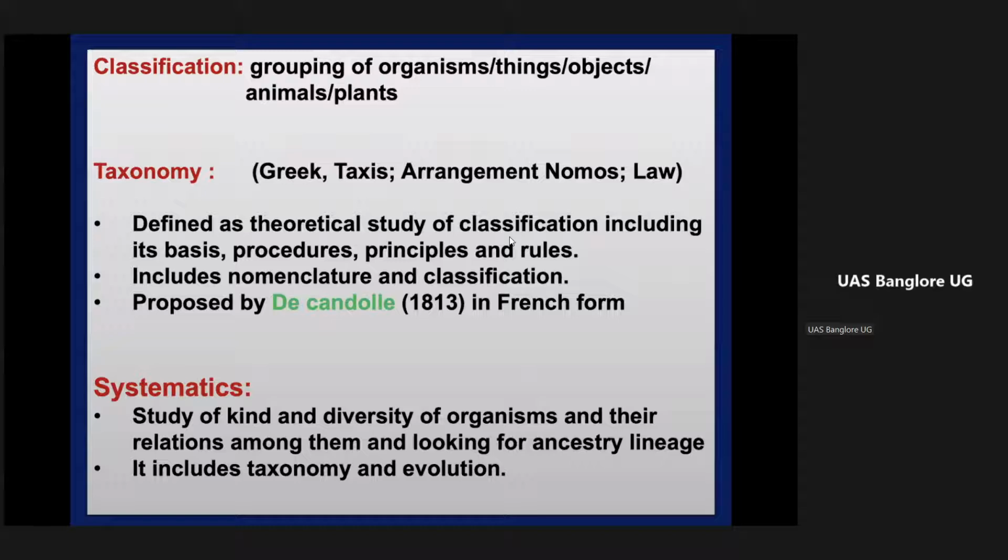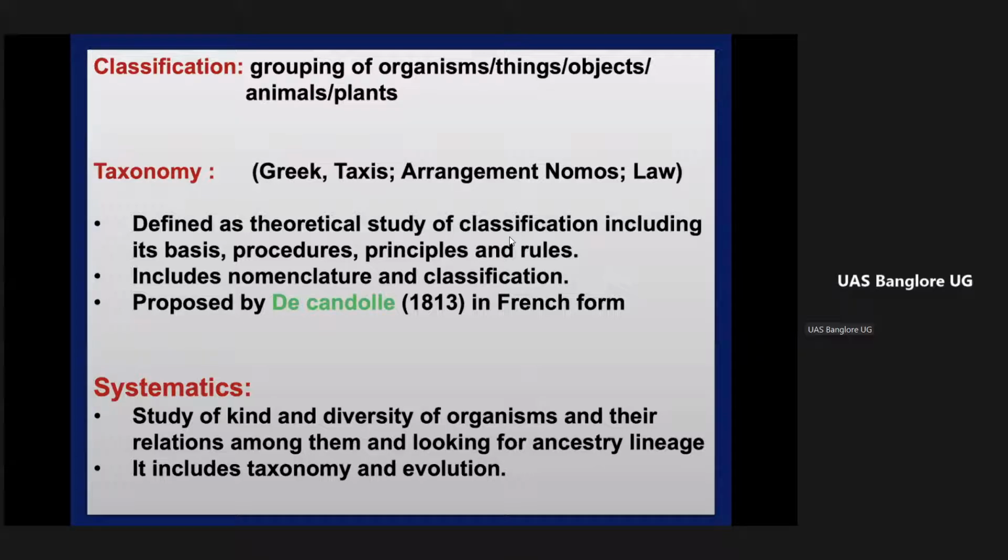If you want to make the properties in your name or something like that, you go to a Tahsildar office, they ask you for a family tree. Who is your father? Then who is father's father? Where did you belong? From where did you come? They ask a lot of questions, and they make a family tree. So they are trying to find a relationship among the group of people.